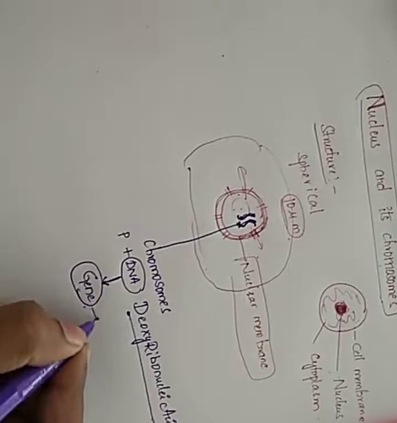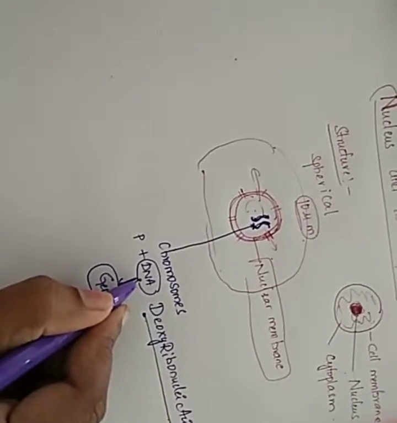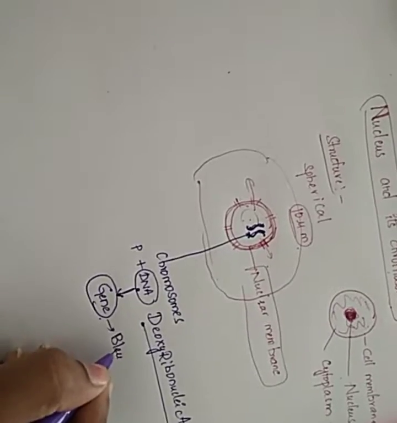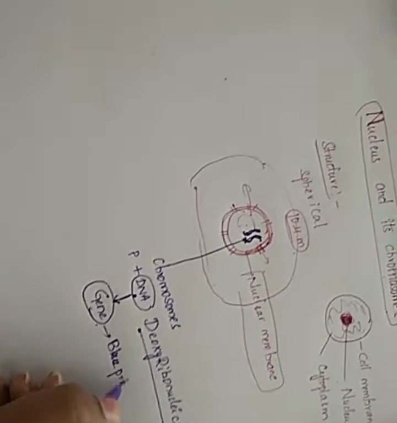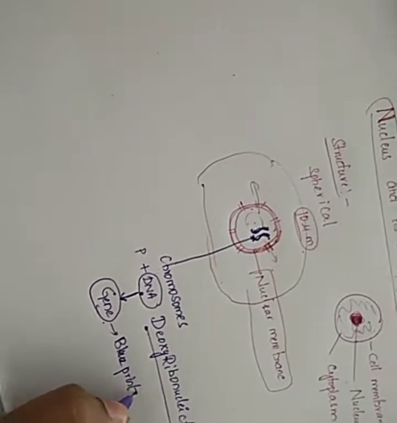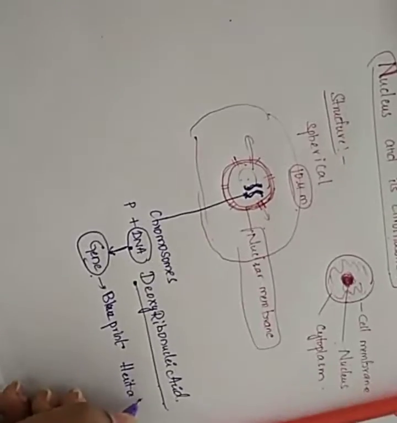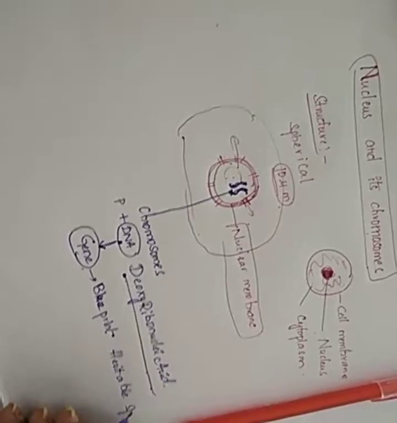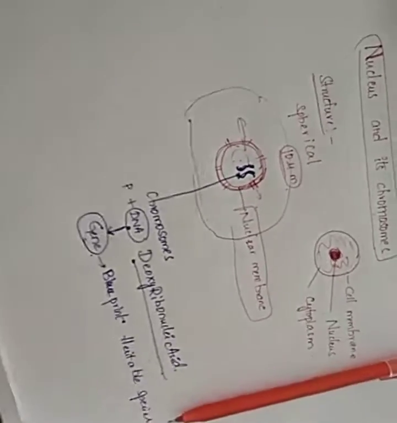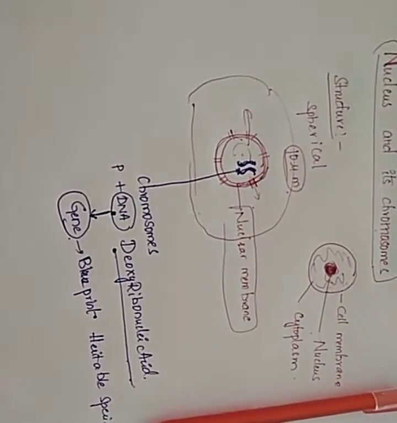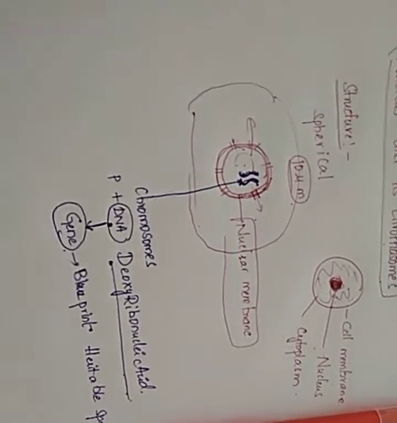A gene is a portion of the DNA which consists of the blueprint for all the heritable species.